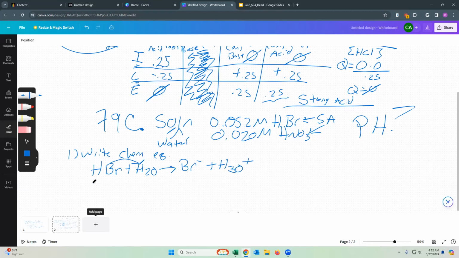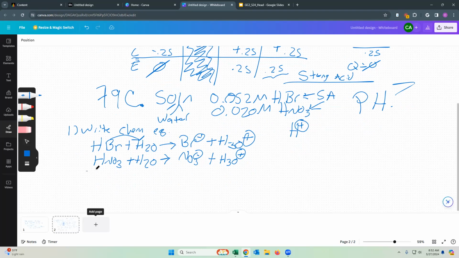That's my first acid reaction. My second acid reaction, HNO3 plus H2O, goes to NO3 minus plus H3O plus. If you are wondering about these charge symbols, remember a hydrogen is a +1 charge. So when HBr loses a hydrogen, that's why it becomes Br minus. When H2O gains a hydrogen, it gains a plus charge and becomes H3O plus.